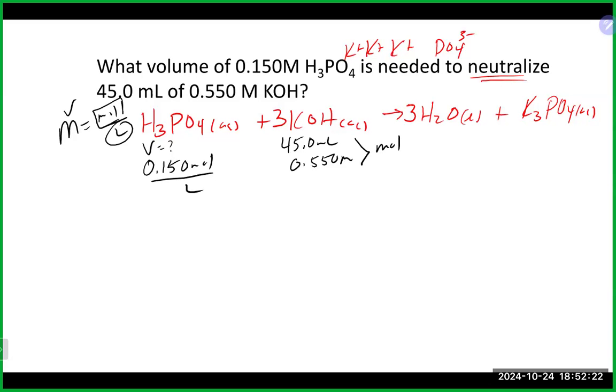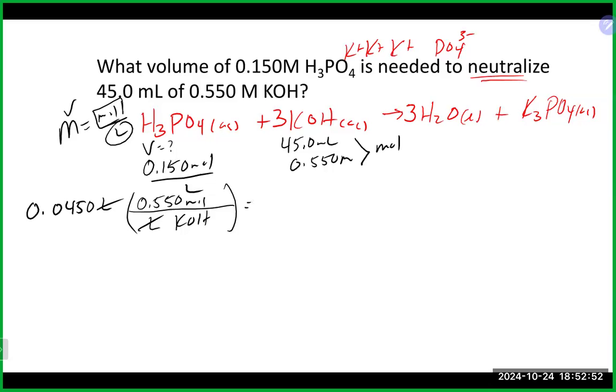So we'll start like normal, which is we want to convert to moles. We're going to divide by 1,000, or move our decimal point for our volume, to get to 0.045 liters. Again, 45 divided by 1,000 basically. We're going to use our molarity here with both units showing, so 0.550 moles per liter of our KOH. The liters are going to cancel.